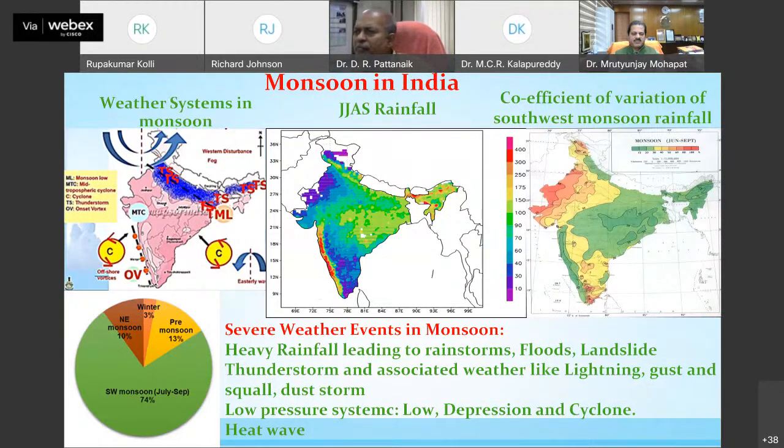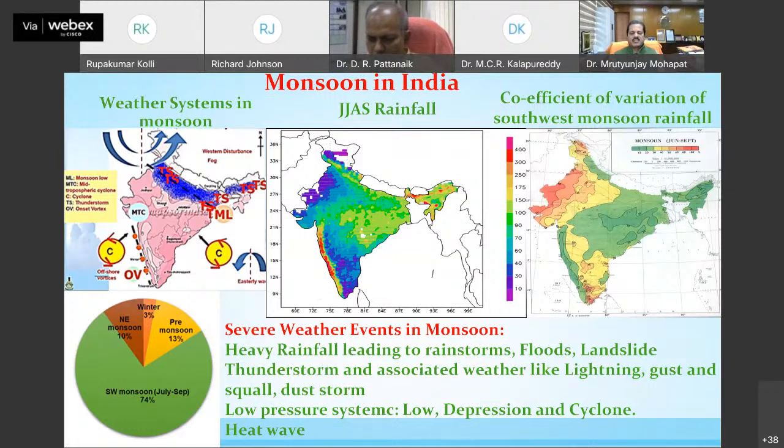During this period, as the monsoon intensifies gradually and moves towards the north, we encounter a number of severe weather events. To top all the severe weather events, we experience heavy rainfall leading to floods and landslides in different parts of the country and this region.